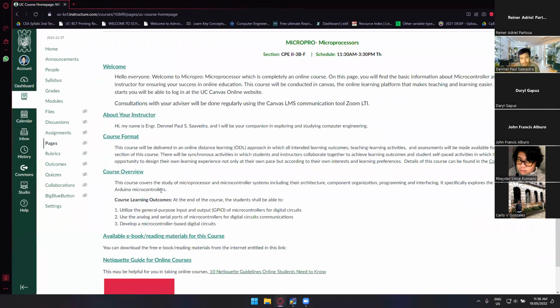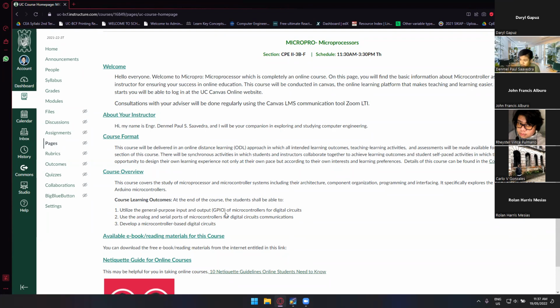Okay, so at the end of the day, once you're done with the subject, you'll be able to utilize the general purpose input and output, GPIO, of microcontrollers for digital circuits, and then you'll be able to use the analog and serial ports of microcontrollers for digital circuits communications, and then lastly, you'll be able to develop microcontroller-based digital circuits. So we only have three for this one.